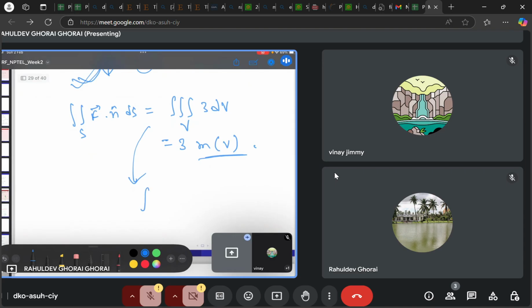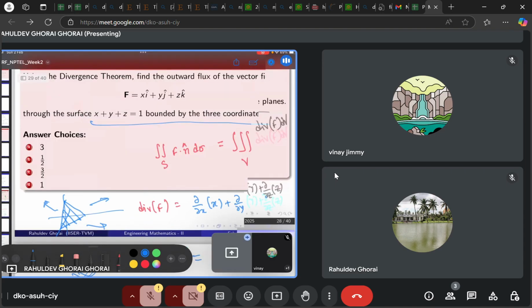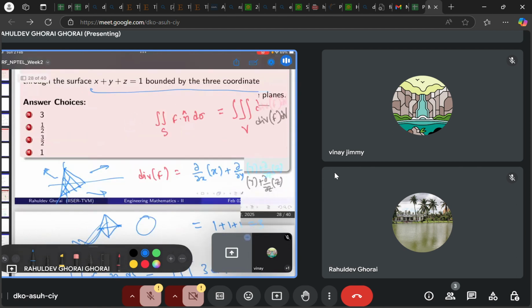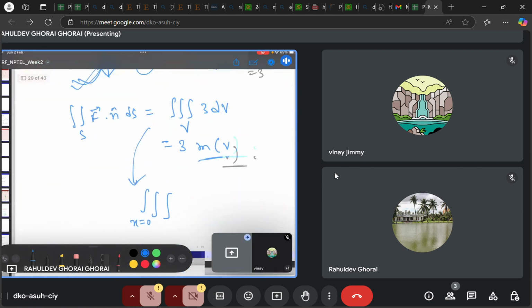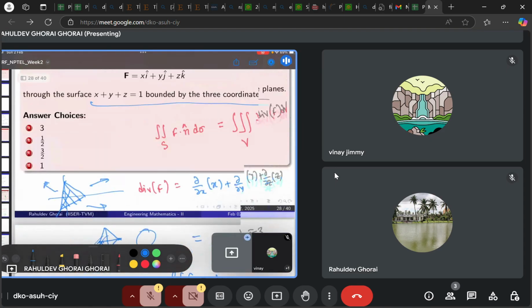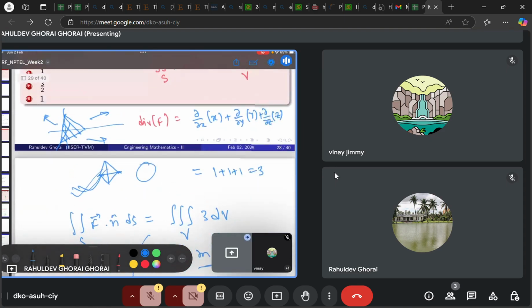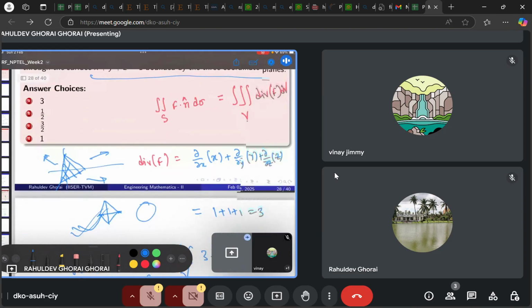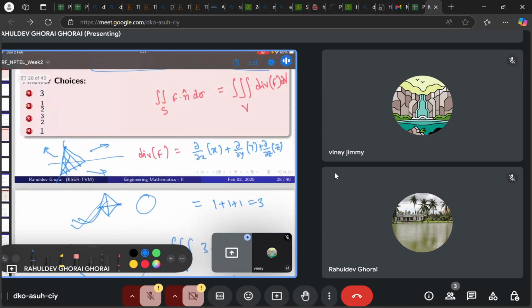So you have to do it like this. Let's say x: how will x vary? X can vary at most from 0 to 1, because the coordinate planes cut x plus y plus z equal to 1 at 0 0 1, 0 1 0 on the y axis, and 1 0 0.